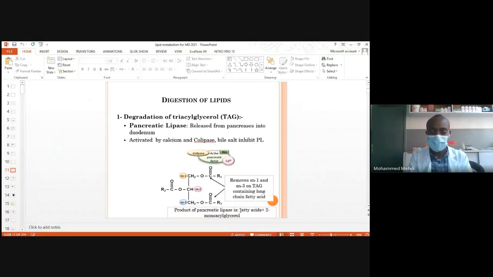This number indicates the carbon location, not the number of molecules.